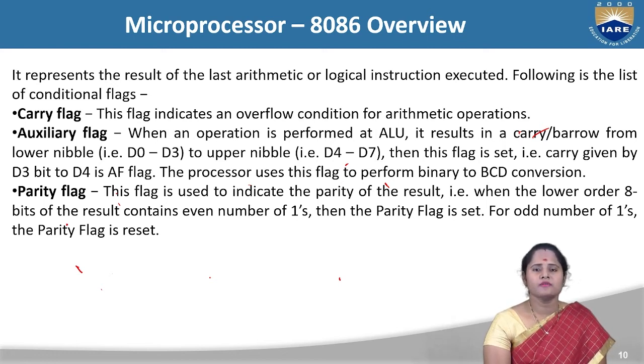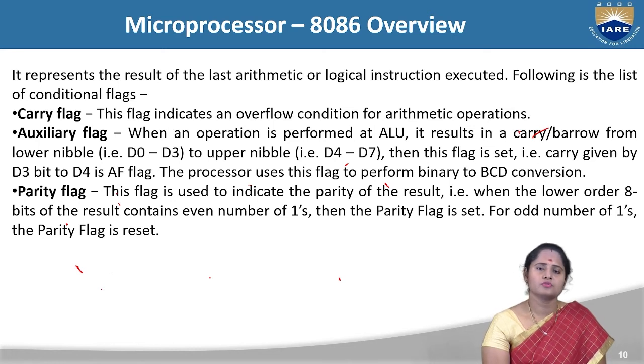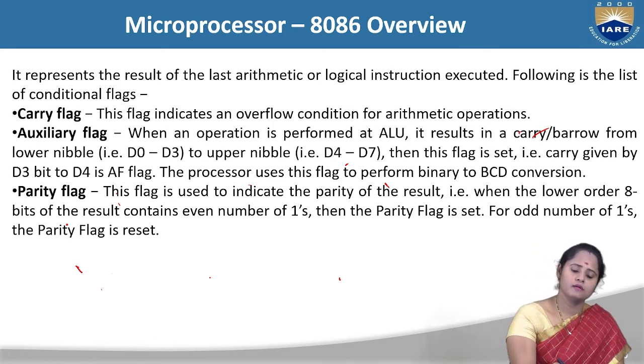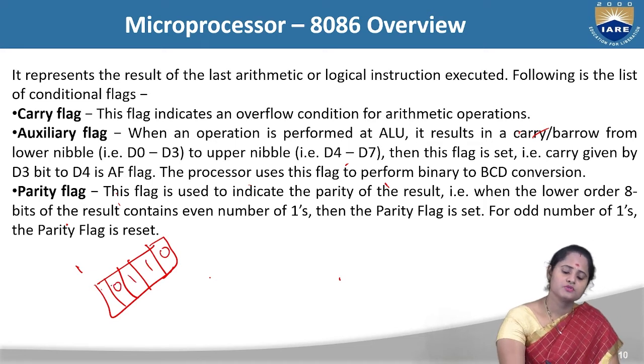It indicates that if that parity bit is changed, the data which was transmitted from one point to another has an error. For example, I have this is 0, this is 1, this is 1, this is 0. This is D0, D1, D2, and D3. This is the data which I'm sending.